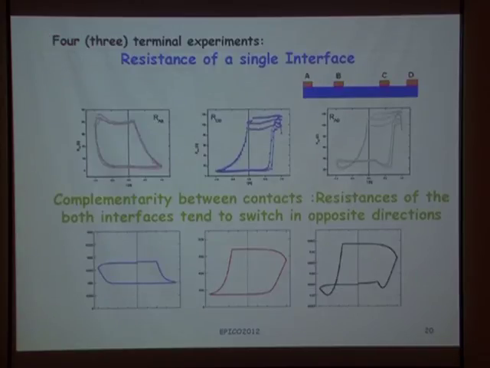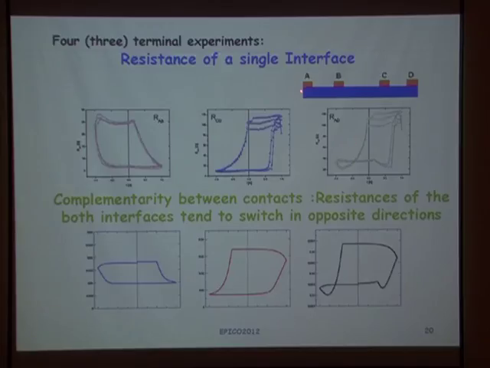So up to now I talked about two-terminal measurements, or two-terminal configurations. Another thing that can be done, and has been done here also in Pablo Levy's group, is to concentrate on the change of the resistance at the interface. Instead of doing a two-terminal measurement, you do a 3- or 4-terminal measurement.